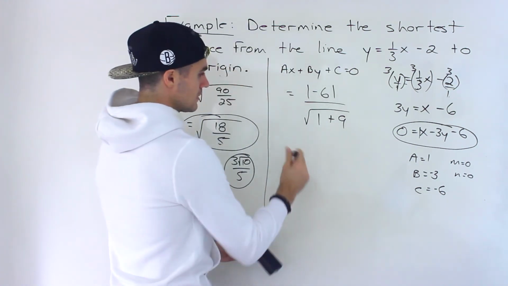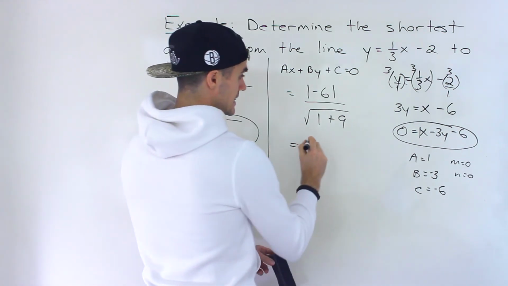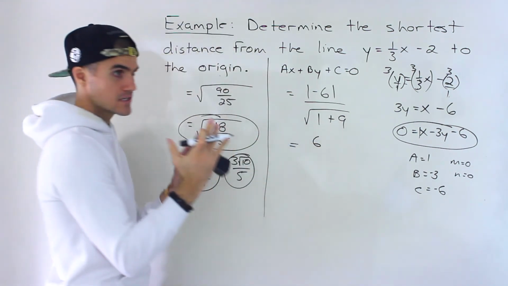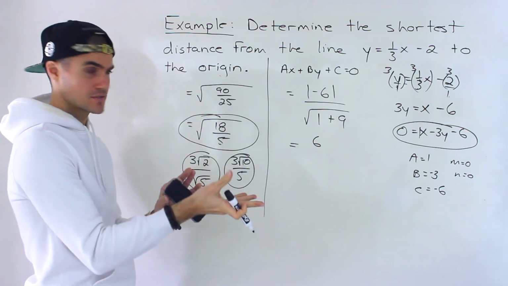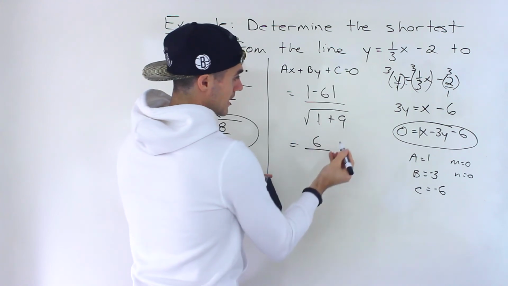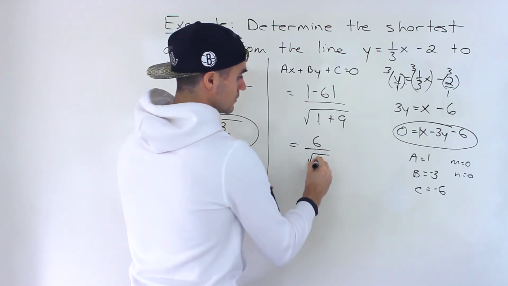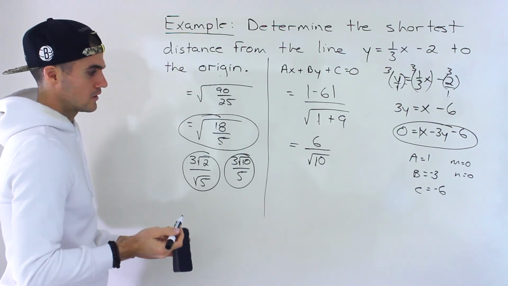So the absolute value of -6 is +6. Remember, the absolute value takes any negative and turns it into a positive, and any positive it keeps as a positive. And then 1 plus 9 is 10, so we'd have root 10. So we end up with 6 over root 10.